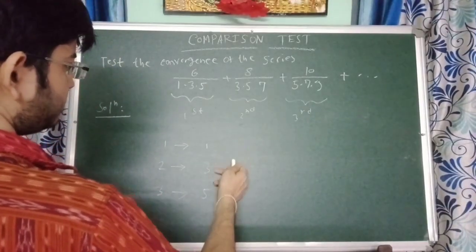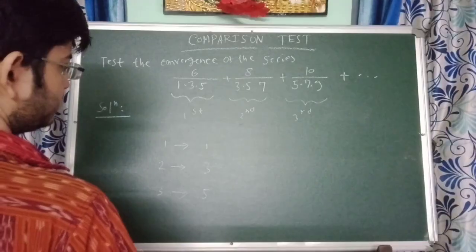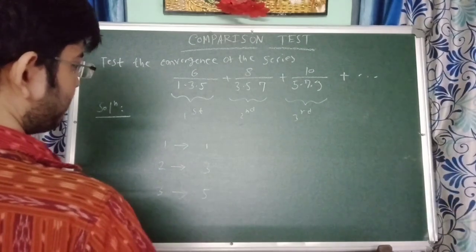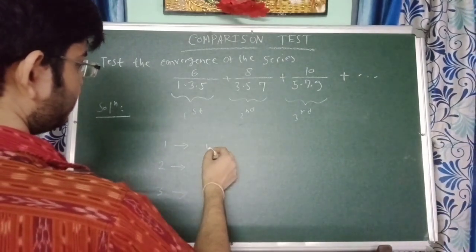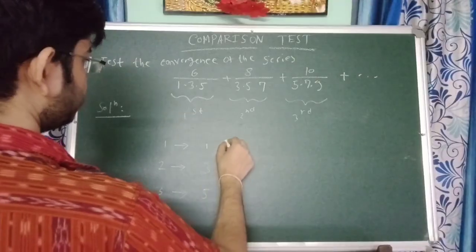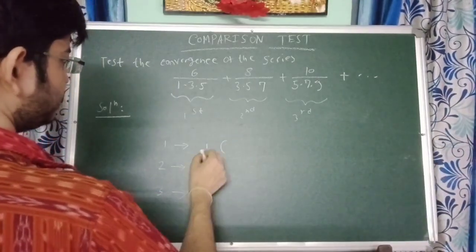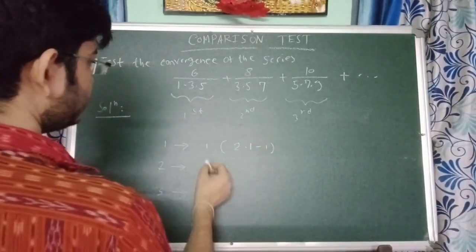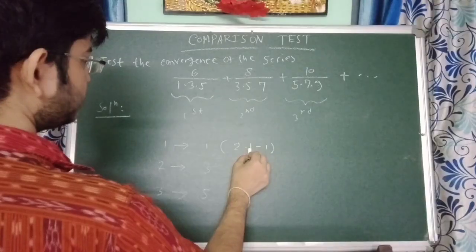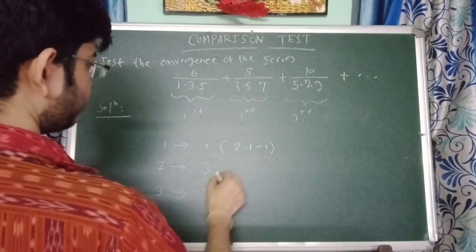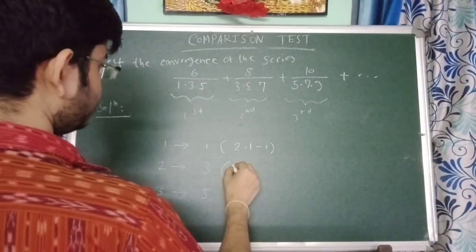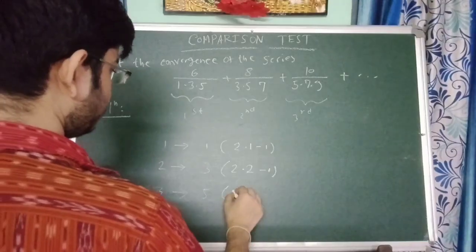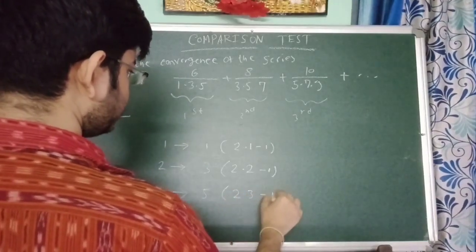Now if we observe these three patterns, 1 goes to 1, 2 goes to 3 and 3 goes to 5. From these patterns, we can write 1 as 2 into 1 minus 1, and 3 as 2 into 2 minus 1, and 5 as 2 into 3 minus 1.